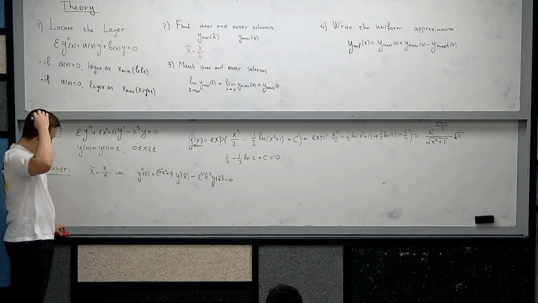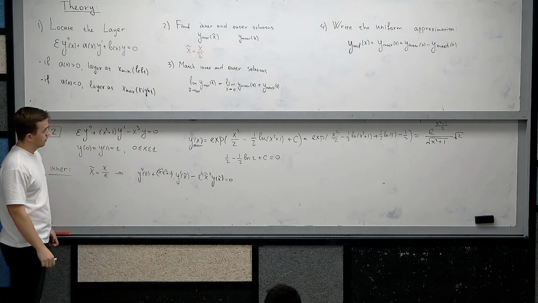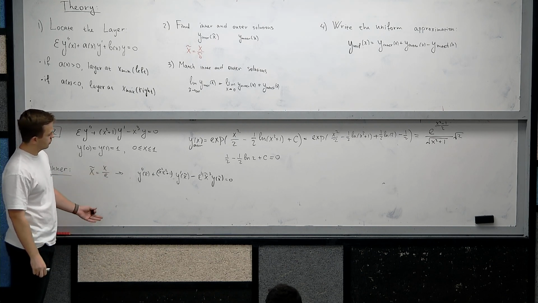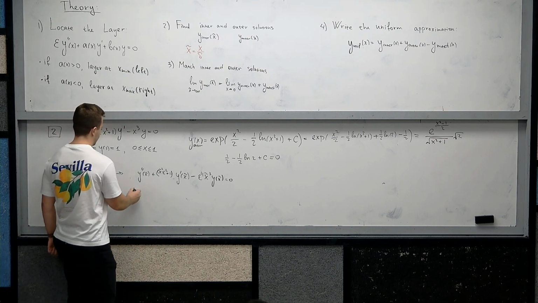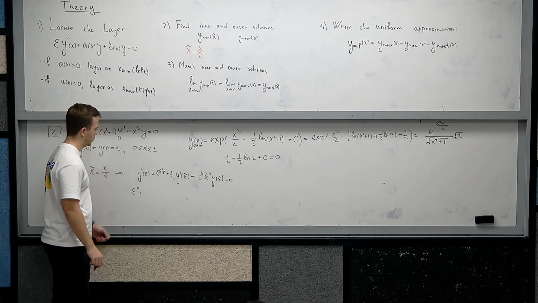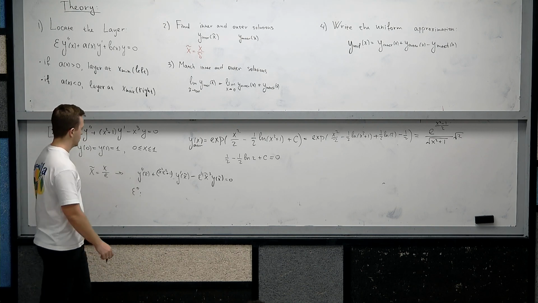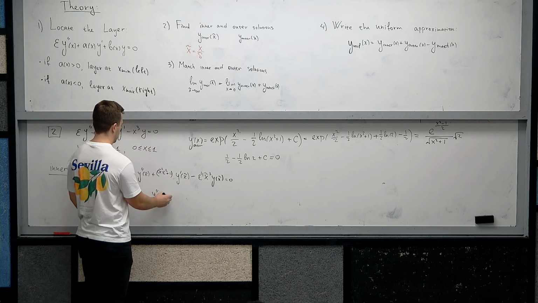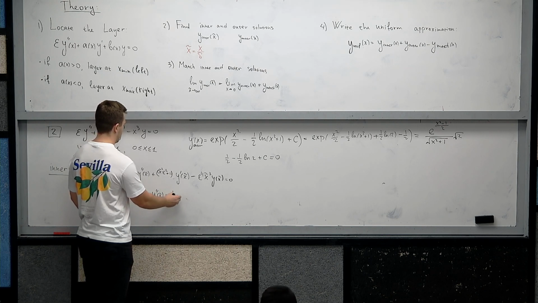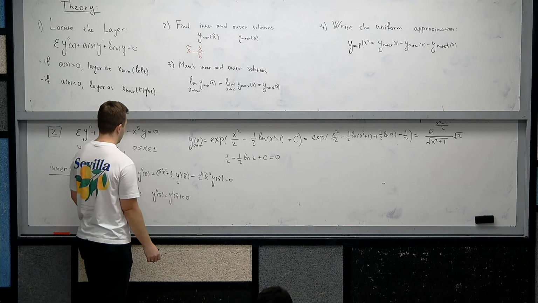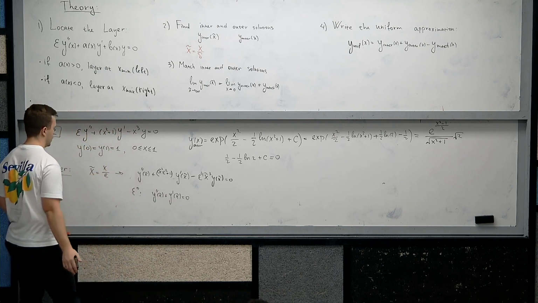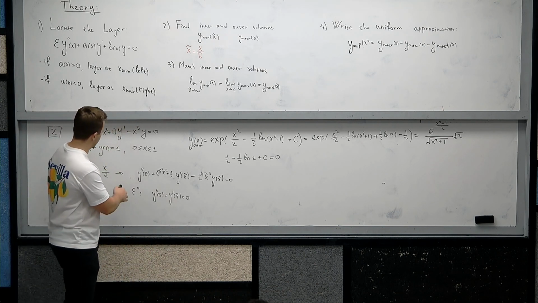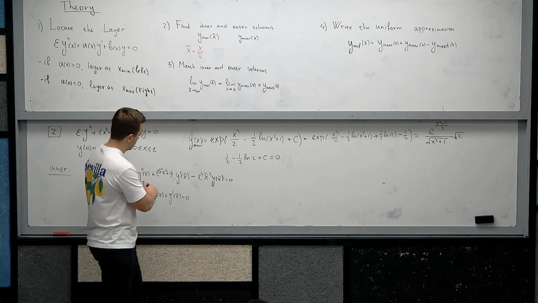Because we're looking for the leading order approximation, we're only interested in terms without epsilon. So we finally obtain the same equation as before, with the same boundary conditions.